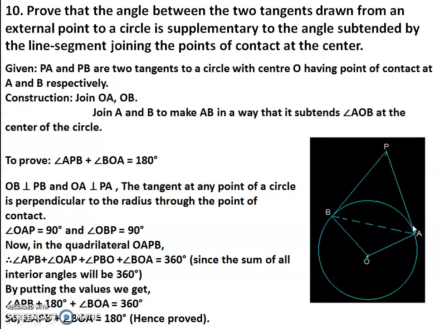Why? You know that the tangent at any point of a circle is perpendicular to the radius through the point of contact. That is your theorem 10.1. So, if they are perpendicular, angle OAP is equal to 90 degree and OBP equal to 90 degree.